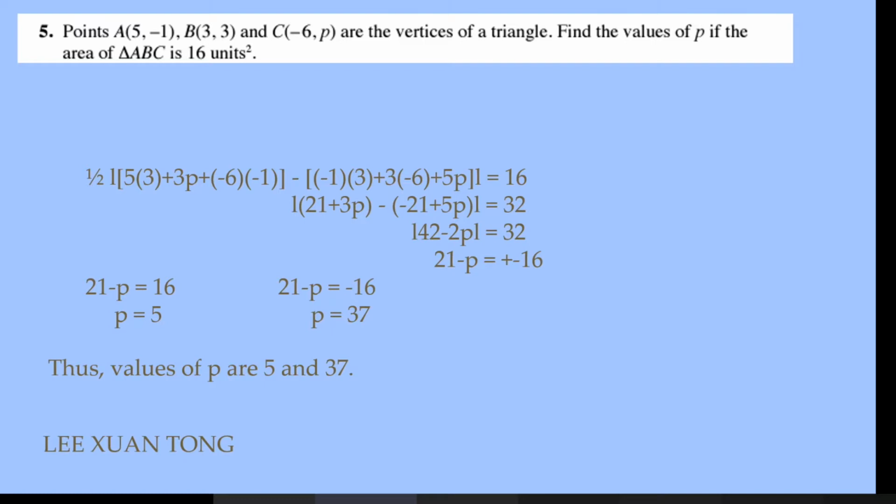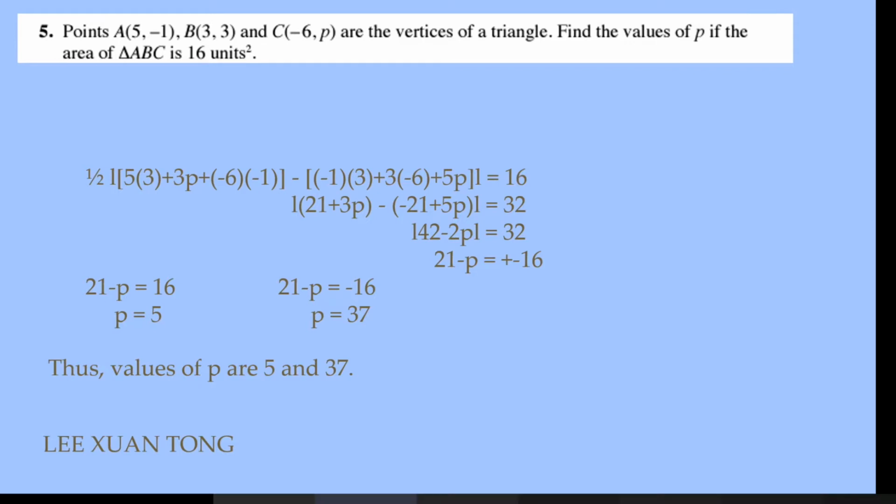15 plus 6 is 21 plus 3p, minus bracket, minus 21 plus 5p bracket, modulus is 32 units square.